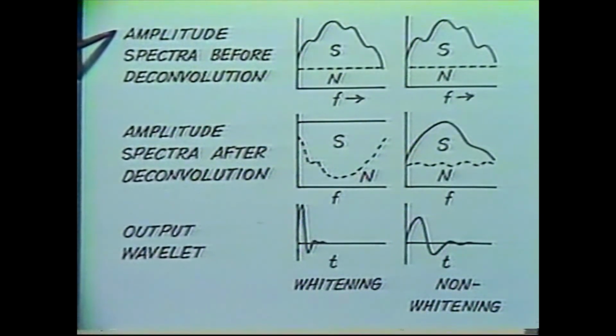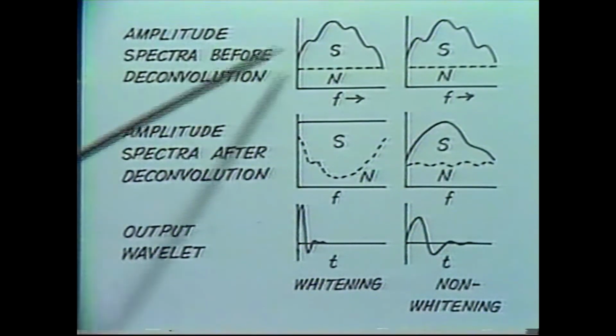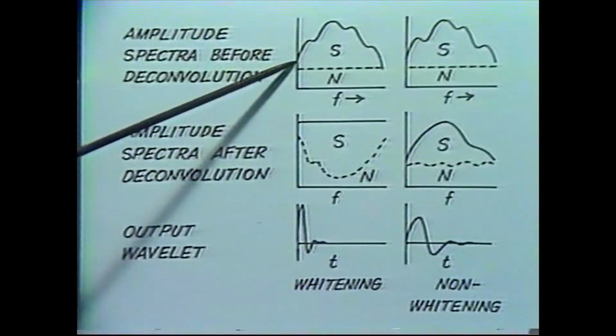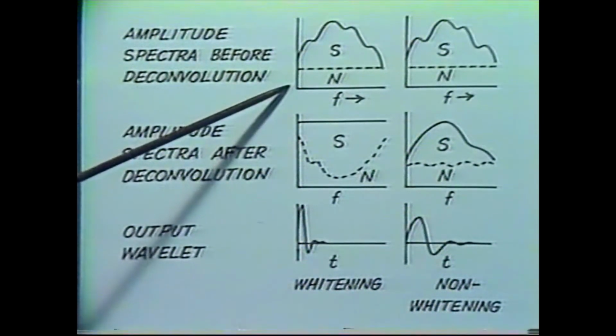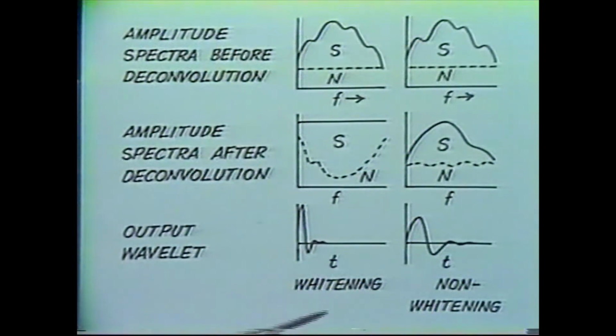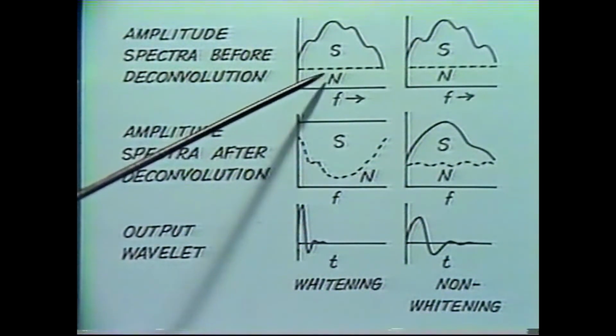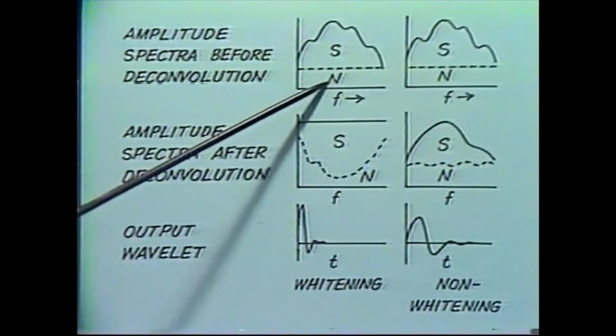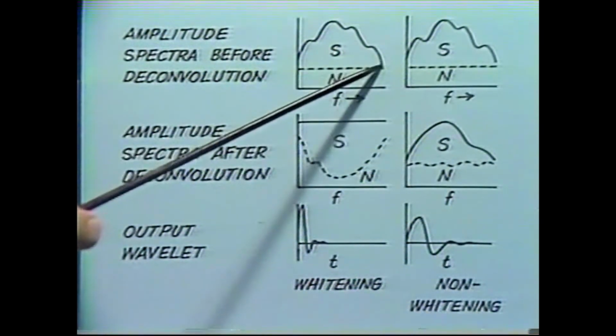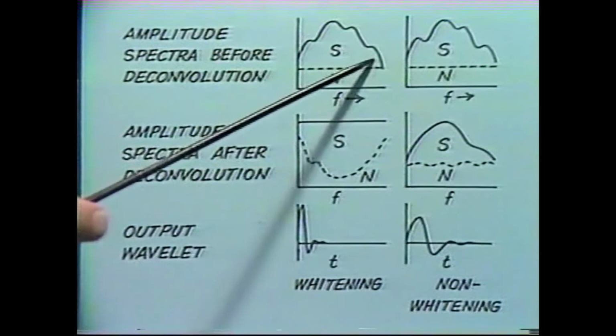Let's examine the signal-to-noise ratio aspect of the two different kinds of deconvolution. Here we have an amplitude spectrum for a particular seismic trace. We're going to examine what happens to it for the case of whitening deconvolution and for the case of non-whitening or gap deconvolution. The signal-to-noise ratio generally varies over the spectrum, being the smallest on the ends.